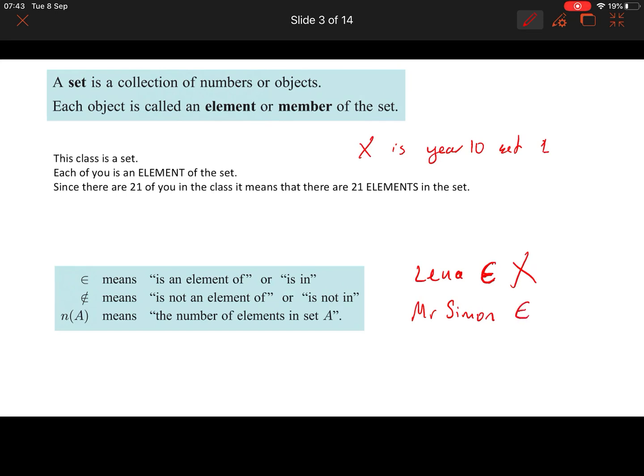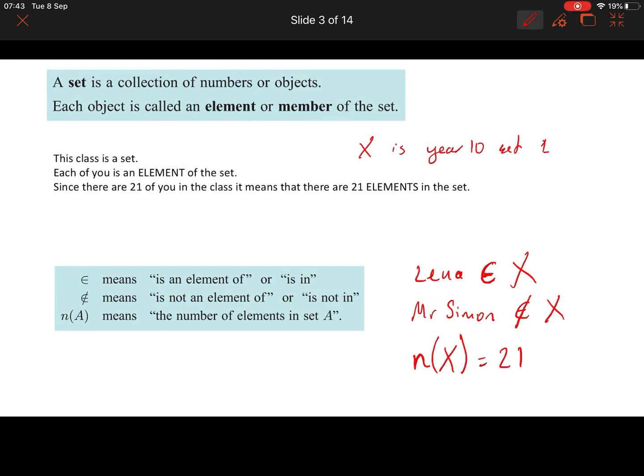It means Lena is an element of set X. We could say something like this. Mr. Simon is not a member of set X. Because if you remember, what I said was X is students in year 10, set 1. I'm not a student, I'm a teacher. So I don't belong in that set.